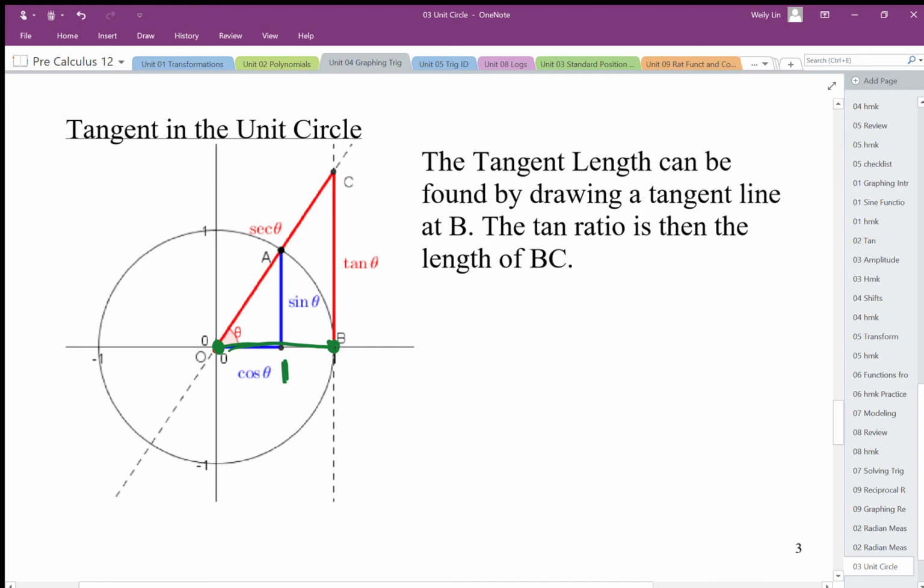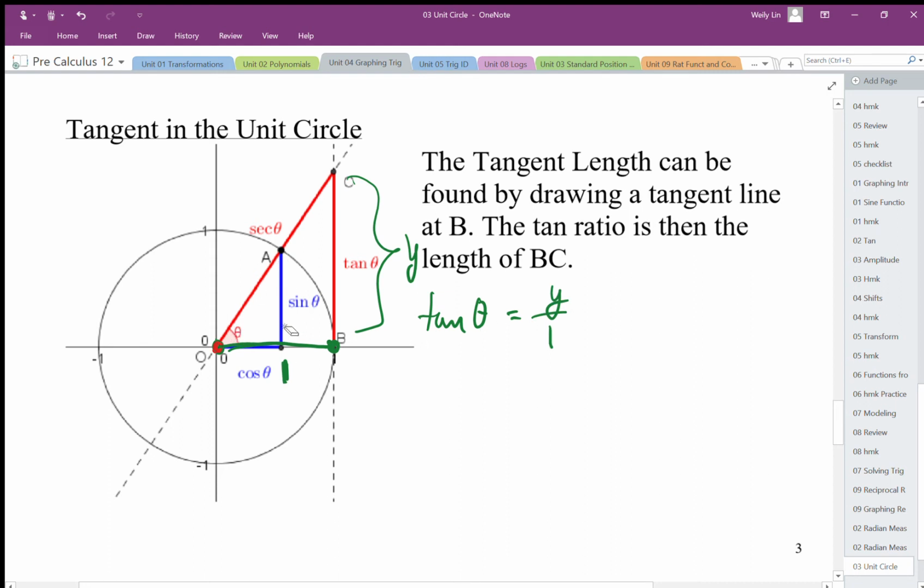Well, if I want to know the tangent ratio, it's the vertical compared to the horizontal in the blue, but it's also the vertical compared to the horizontal in this bigger triangle. So the tangent ratio is going to be, we'll call this y, over 1. Yeah, that's right.